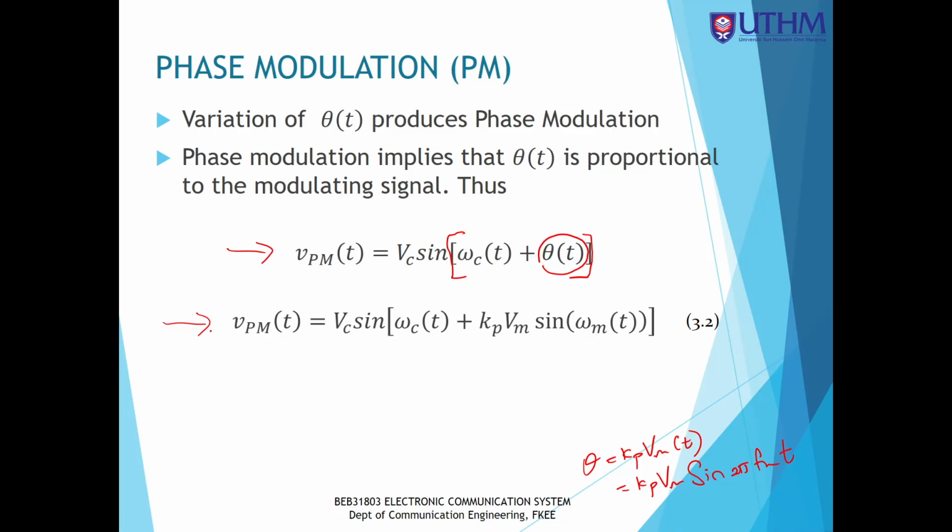Therefore Vc sine (2 pi fc t plus Kp Vm sine omega m t), where omega m t is 2 pi fm t. So we get the complete equation for phase modulation.